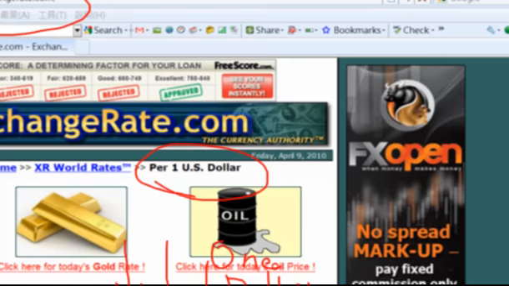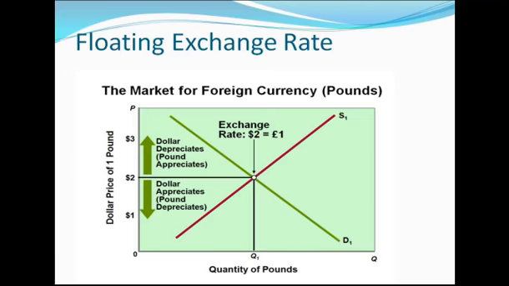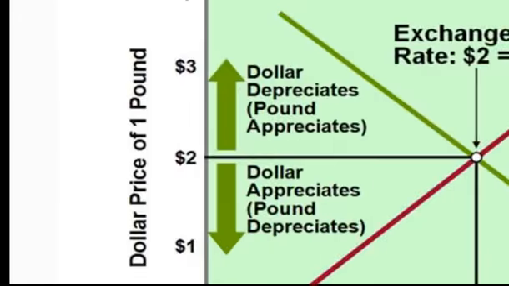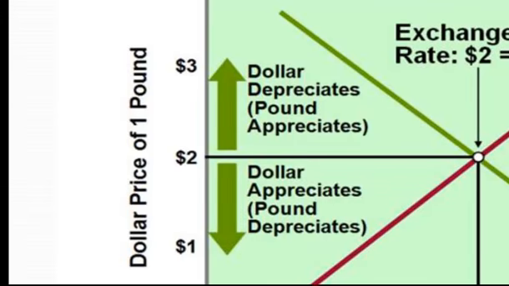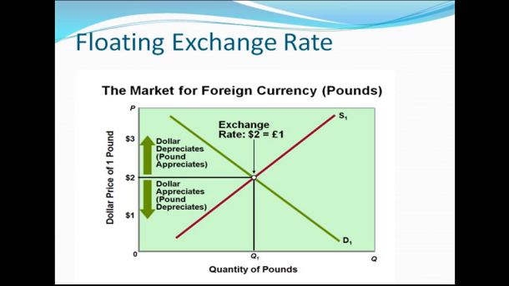In this chart, it shows the price of £1. It means the local currency is the British pound and the foreign currency is the American dollar. The equilibrium here is 2 US dollars equal to £1.